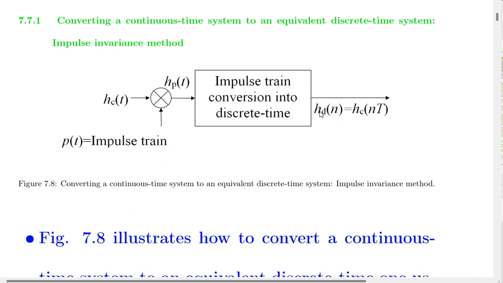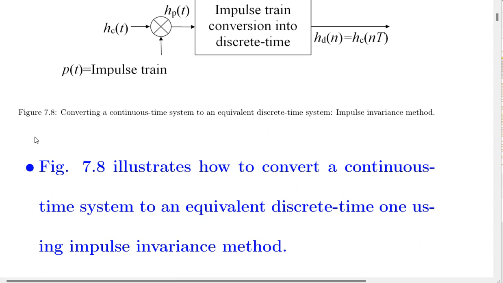Here you'll get h_d[n], which is equal to h_c(nT_s). T stands for sampling time, which is equal to 1 over f_s, the sampling frequency.